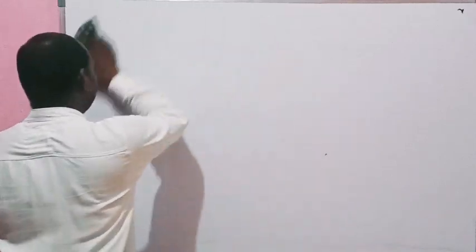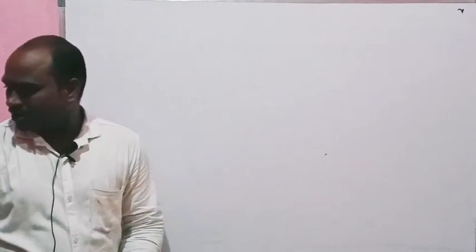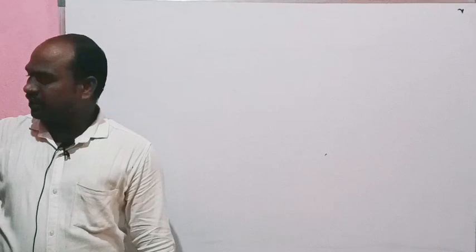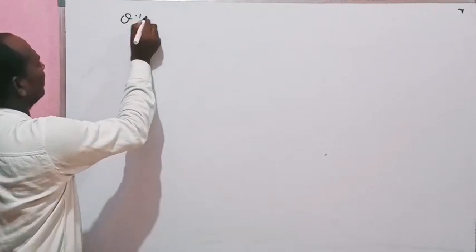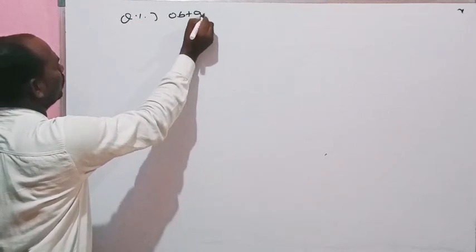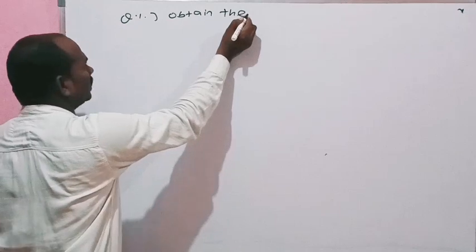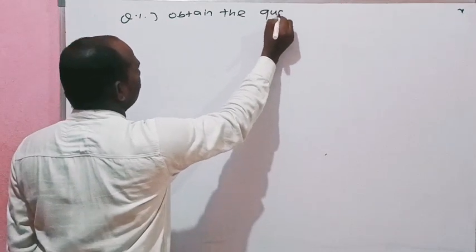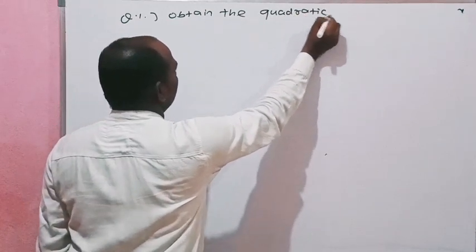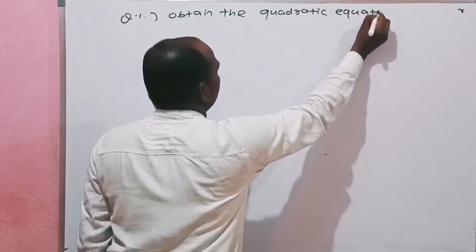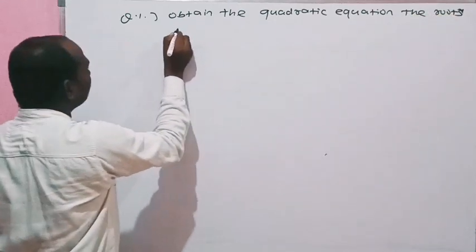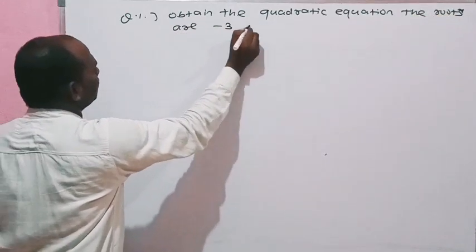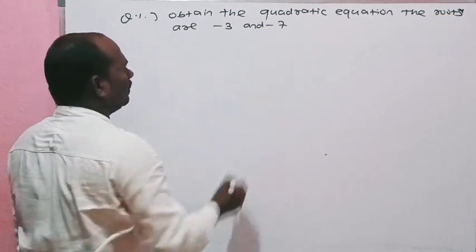Now the first question: obtain the quadratic equation if the roots are -3 and -7.